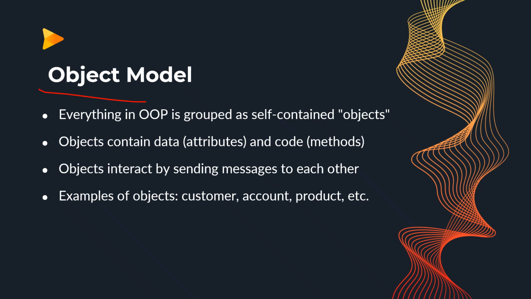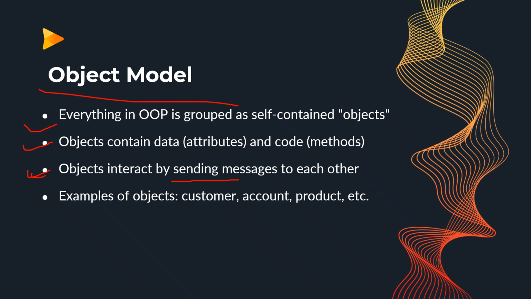Now what is the object model? Everything in object oriented programming is grouped as self-contained objects, and objects contain data, attributes or code or methods. Objects interact with each other by sending messages to each other.